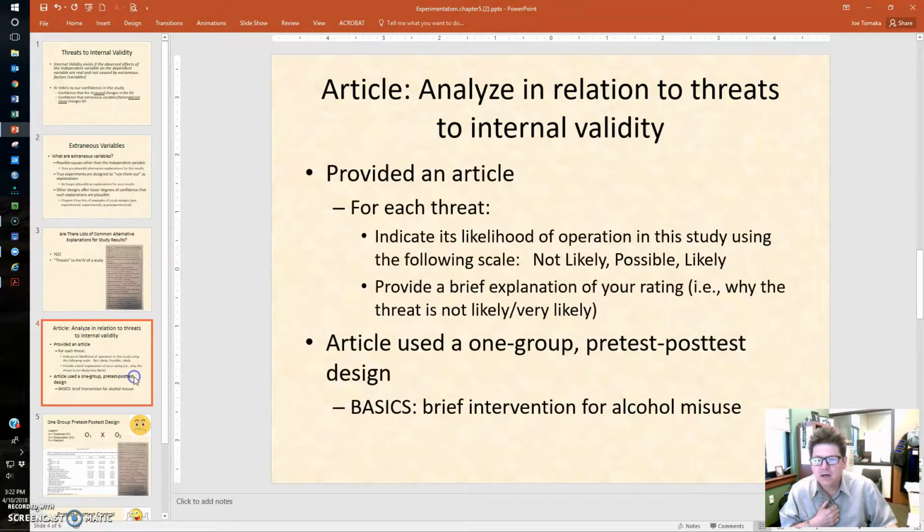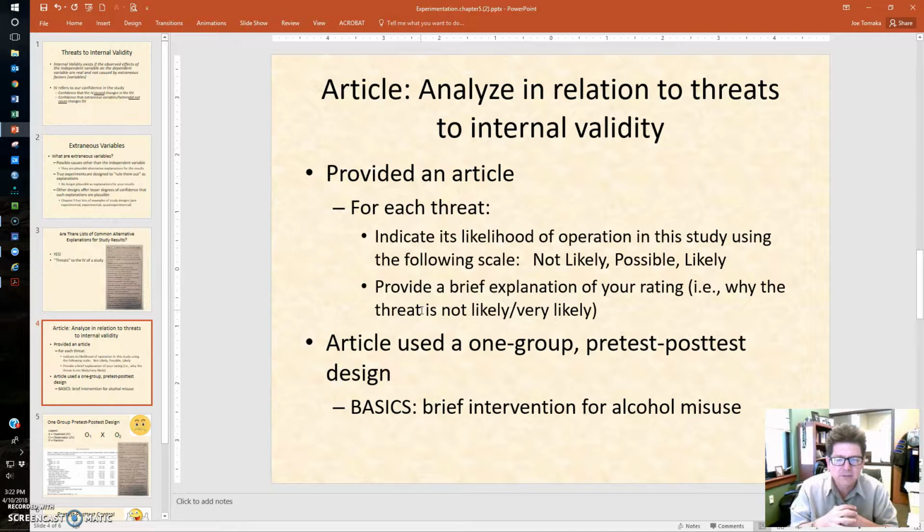Okay, one of the assignments that's related to this, and we're going to repeat this assignment this week with a different article. So I'll give you some examples from the article that was provided in the first iteration of this assignment. This is an article I did a few years back on an alcohol risk reduction program.